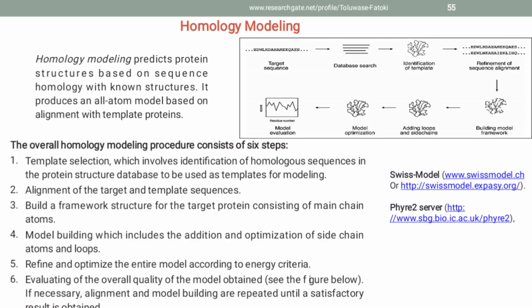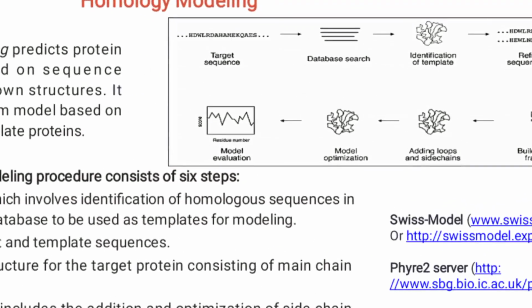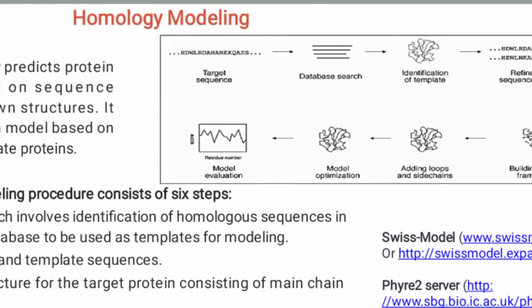So you can see the figure on the screen showing the steps involved in homology modeling. In homology modeling, you have the target sequence, which you use to search the database. Then, based on the identities and similarities results, you choose the best template, and then you align again.